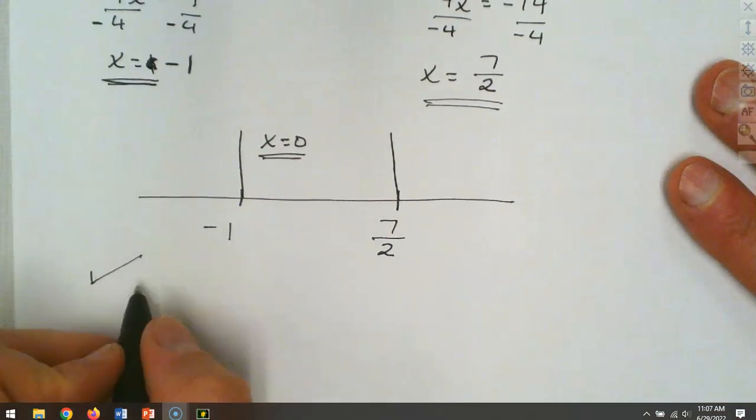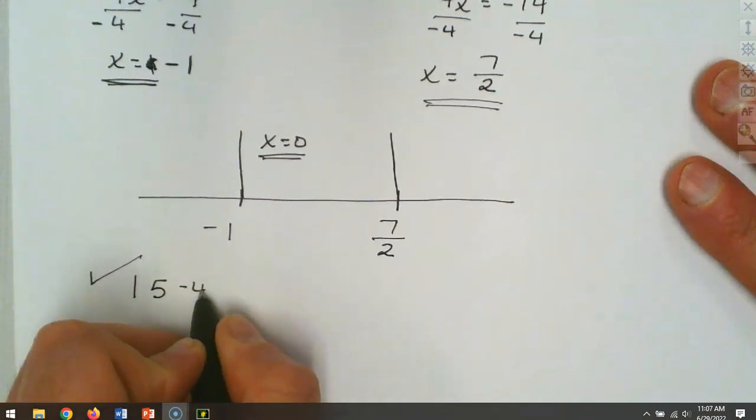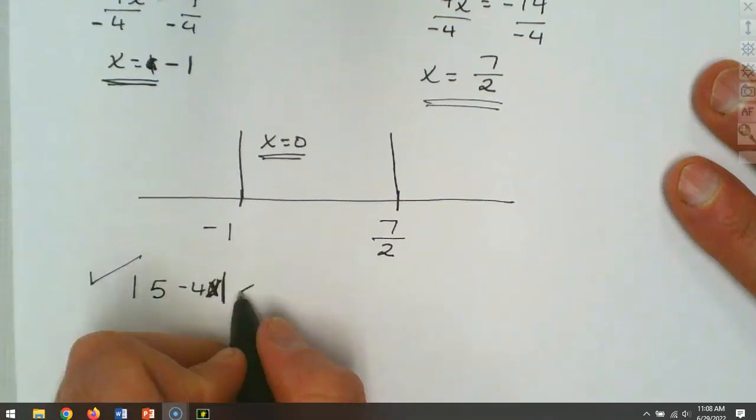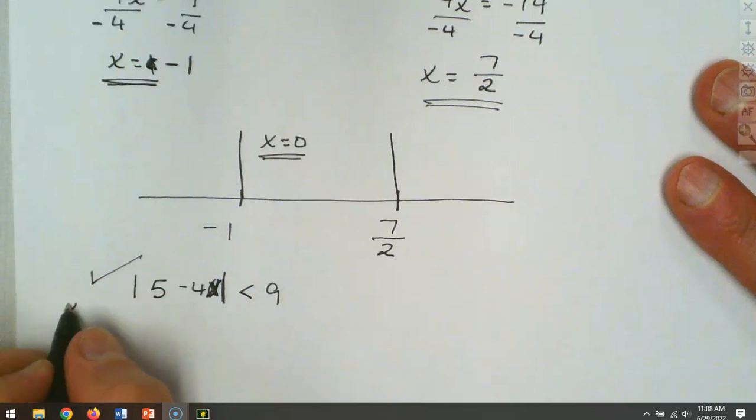And we're going to check it in the absolute value of 5 minus 4x is less than 9. So we're going to plug in 0.